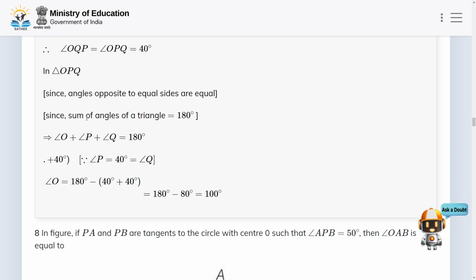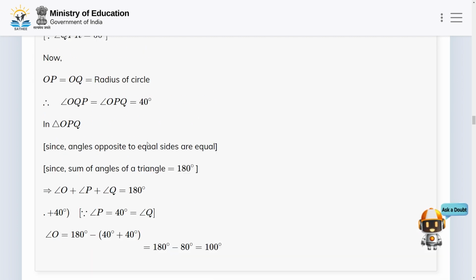And since the sum of angles of a triangle is 180 degree, it implies angle O plus angle P plus angle Q is equal to 180 degree. And it implies angle O is equal to 180 degree minus angle P minus angle Q, and here angle P is 40 degree, which is equal to angle Q. So angle O is equal to 180 degree minus 40 degree plus 40 degree, that is equal to 180 degree minus 80 degree, and this is equal to 100 degree.